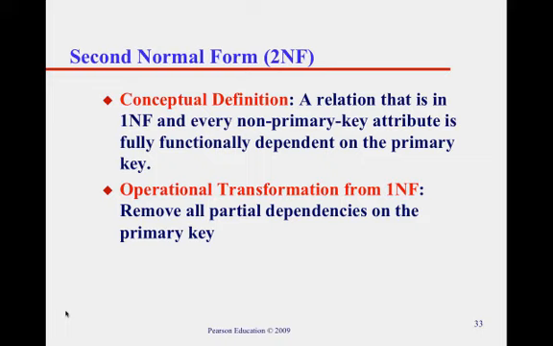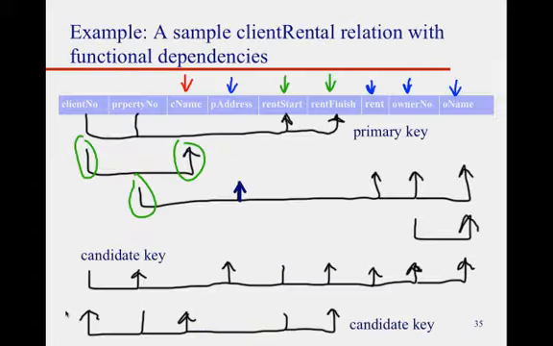So if you have a partial dependency, you're going to remove those attributes from the relation and move them off to a separate relation. So here again is a relationship where I'm going to have partial dependency.